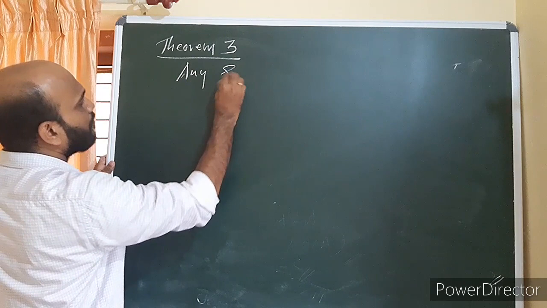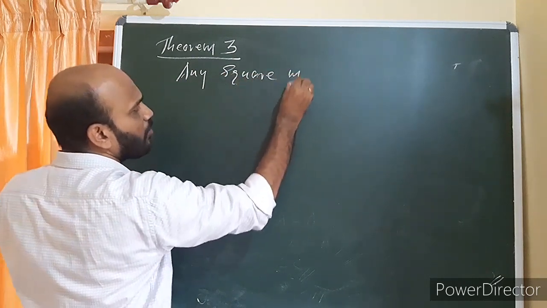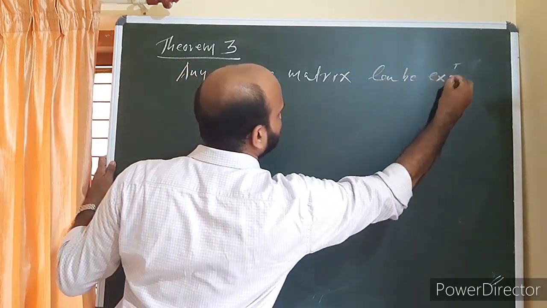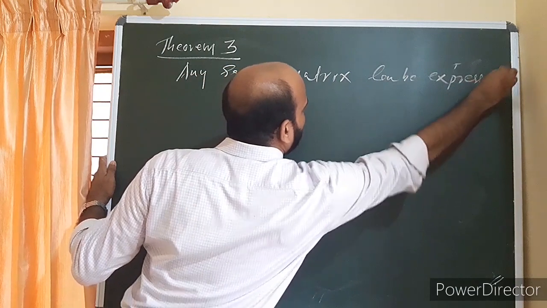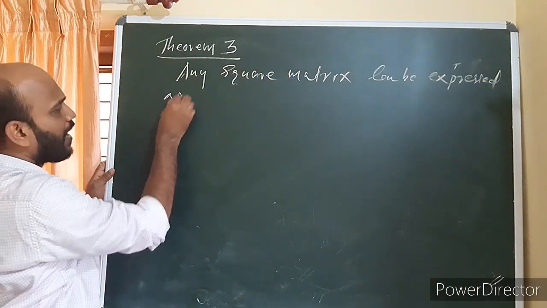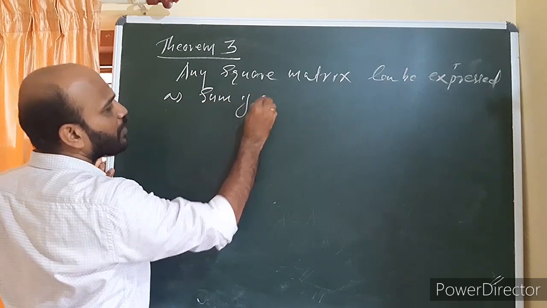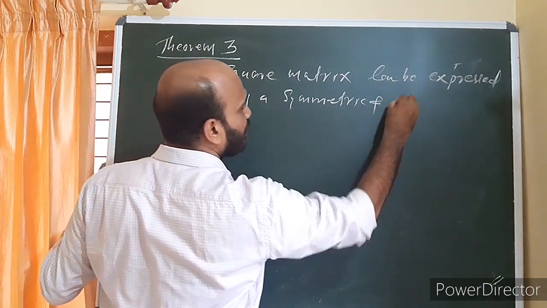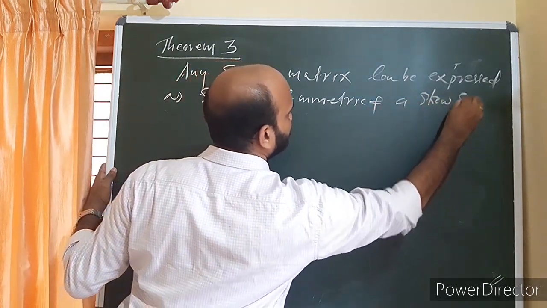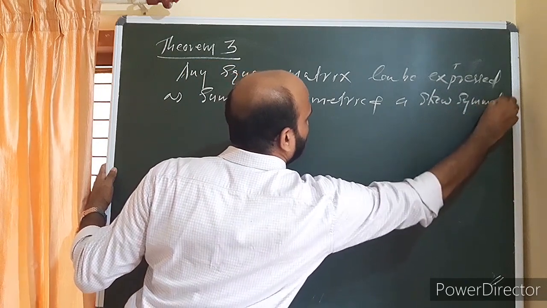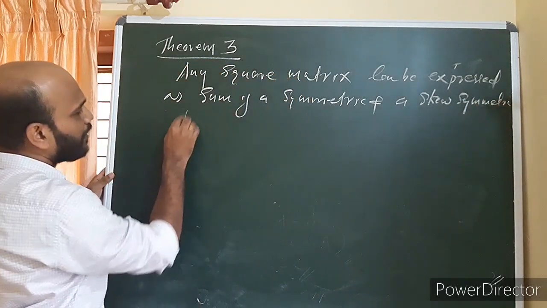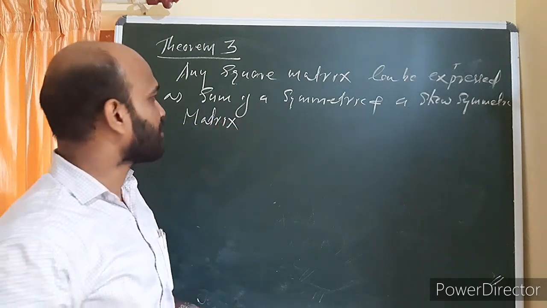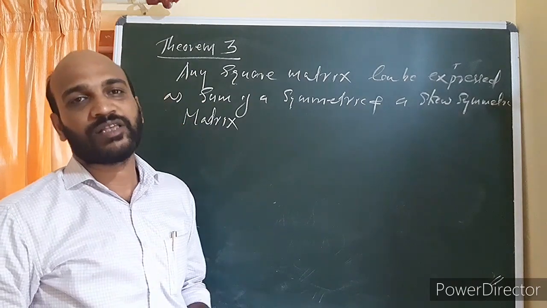Now theorem 3. Any square matrix can be expressed as sum of a symmetric and a skew symmetric matrix.